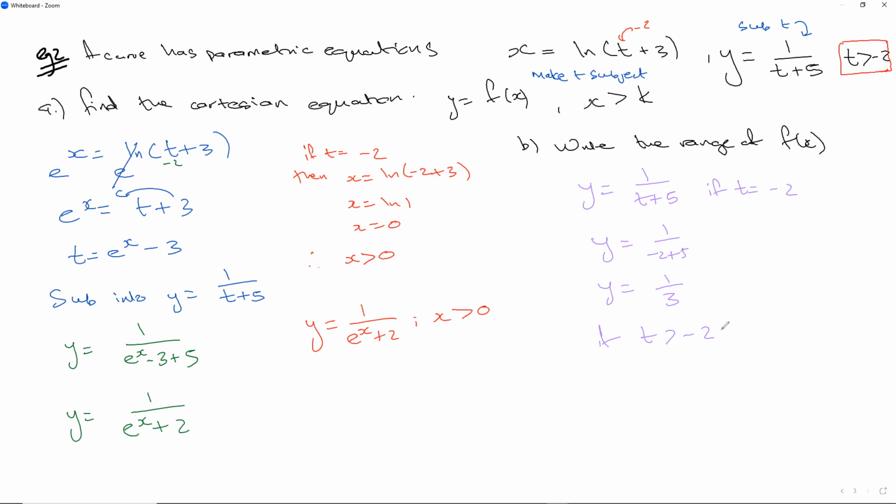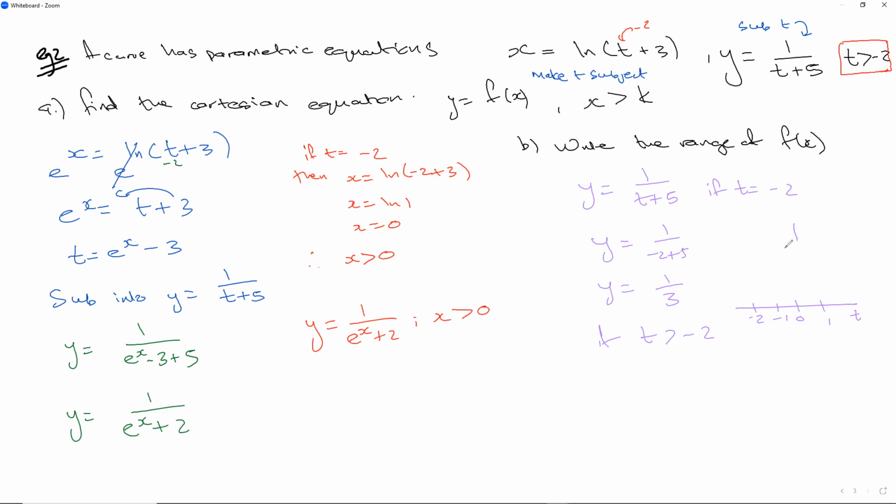And as t increases, in other words, if we had a number line and this was t, and we had negative 2, negative 1, 0, 1, as I put 0 in there, it becomes 1 over 5. I put 1 in there, it'll become 1 over 6, then 2, 3, 4.